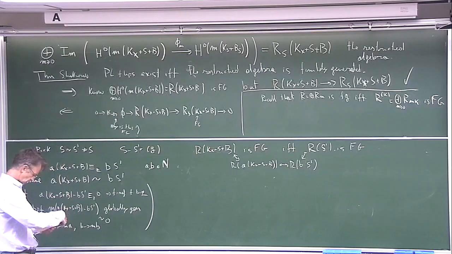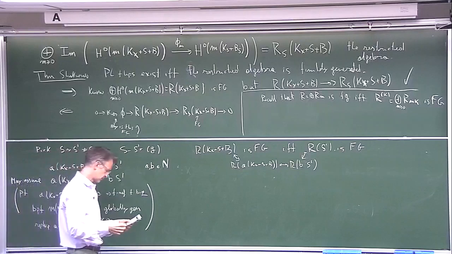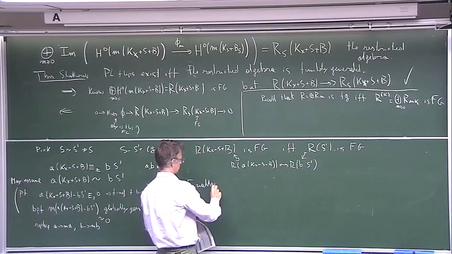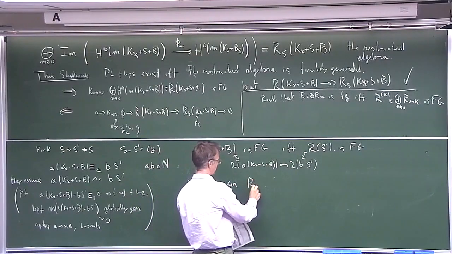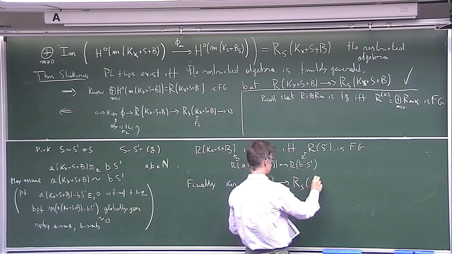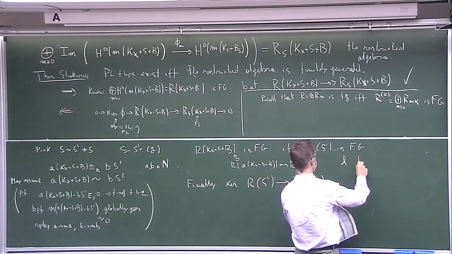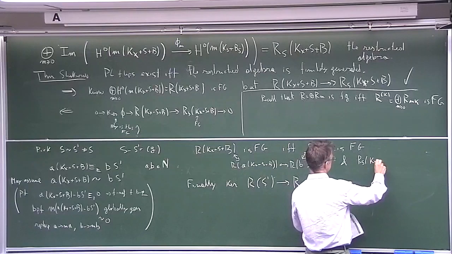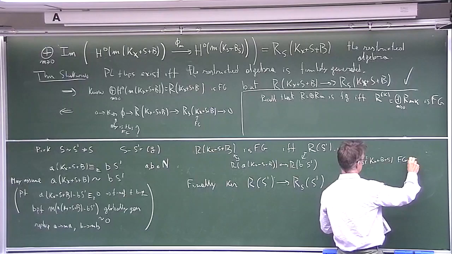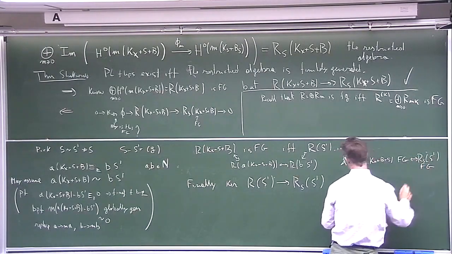Okay, so I'm inching towards, so finally, the kernel of the map from R of S prime to R_S of S prime, I should have said, and R_S(K_X + B + S) finitely generated implies, or is equivalent to, R_S of S prime is finitely generated by the same argument.